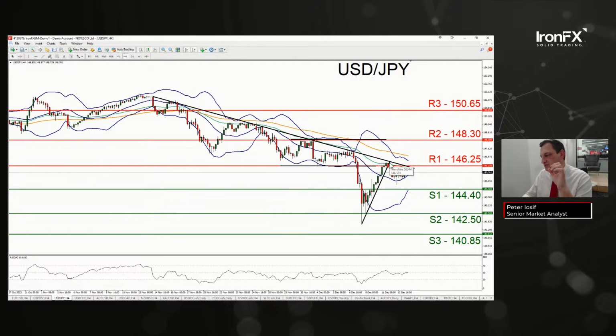Some others have mentioned also an upward trend line, which is in play here. And that would be something like this, but for the time being, that's not being verified. On the contrary, the downward trend line seems to remain intact, which allows for the bearish outlook to be maintained.